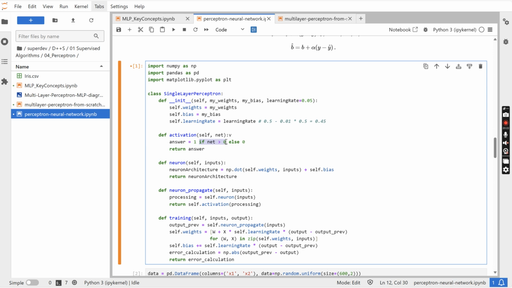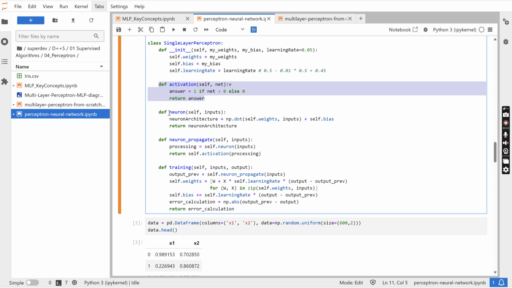If the net output is greater than 0, then you make it 1. Otherwise you make it 0. That means anything greater than 0 is kept, anything less than or equal to 0 is removed. We don't want those. That is the job of activation. It acts as a filter.